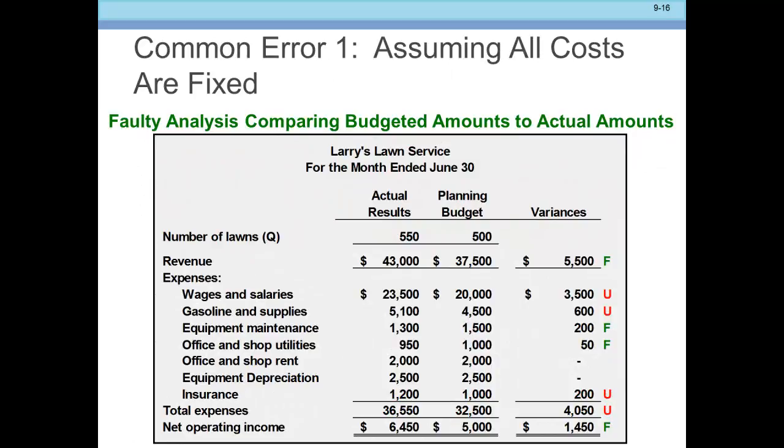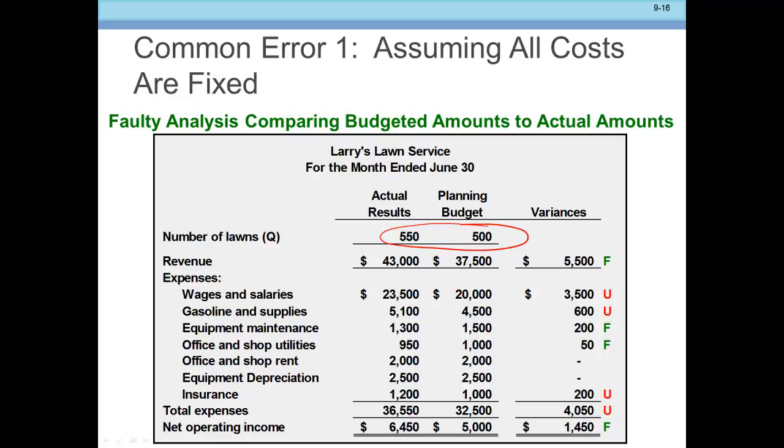First common error is to assume that all costs are fixed. When we compare actual results at one level of activity with a static planning budget at another level of activity, without any adjustment for activity change, we're implicitly assuming that the costs are all fixed.